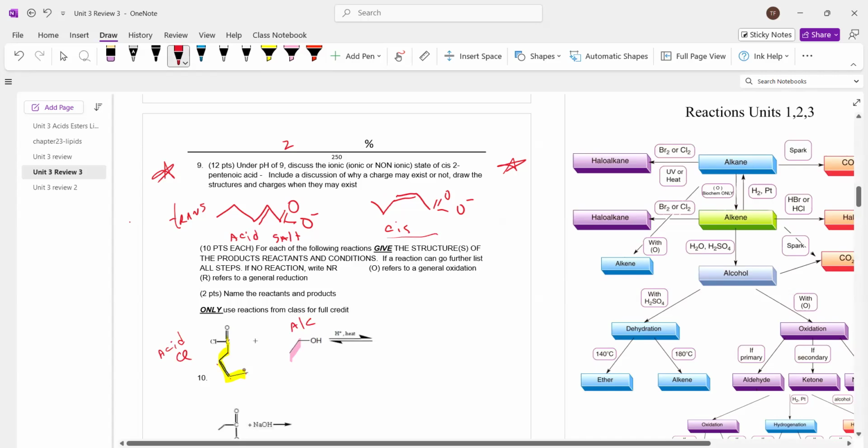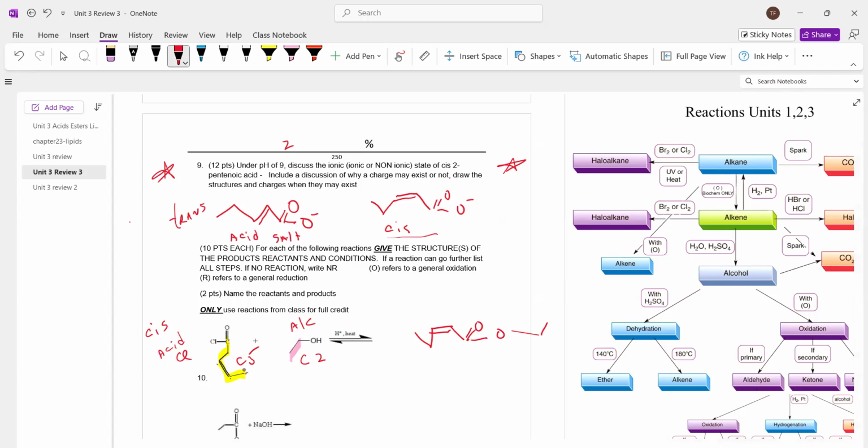And it's a cis. And this is 2 carbon. So to name this, it's going to be ethyl.